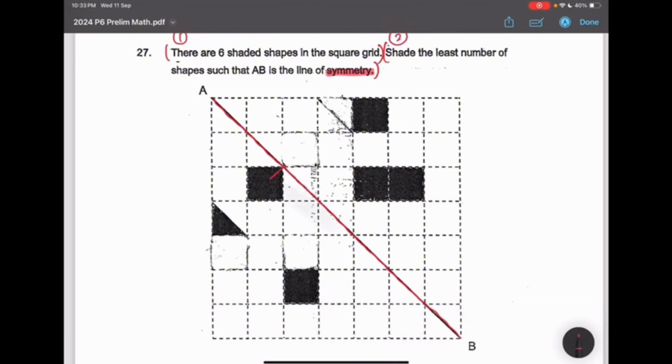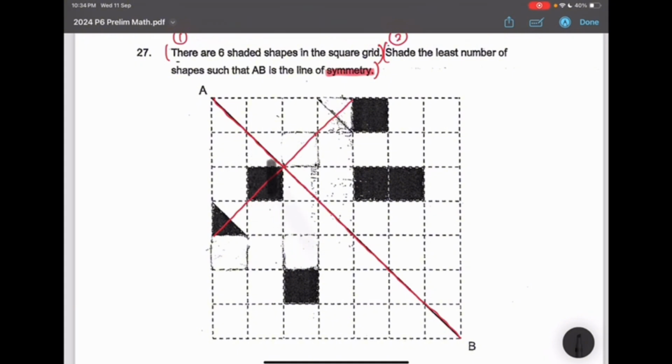From this, I'm going to draw the lines at those areas where I see a shaded part, and draw a line branching out all the way to the opposite end. And I'm going to see if there are any differences on the red lines that are branched out. What I can see from here is that there is definitely something missing.